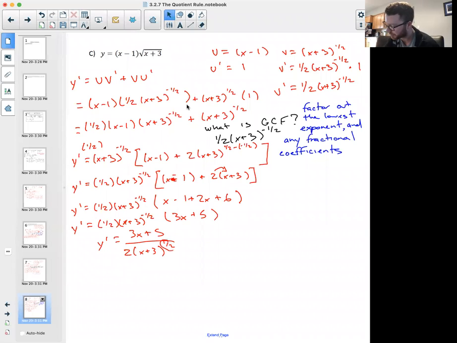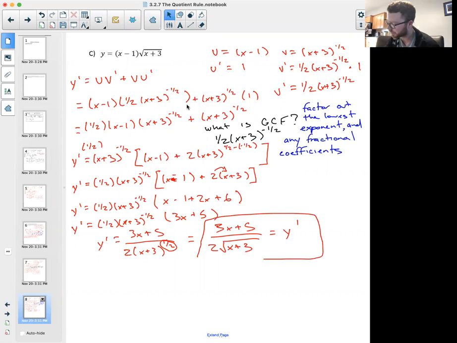Okay, and hopefully you're saying, Mr. Jones, could we do something about that 1/2 exponent? Yes, you could. You don't have to, but if you want it to be more proper, you would have 2 and then the square root of x plus 3. Because remember, anything to the exponent 1 over 2 is saying that it is the square root.